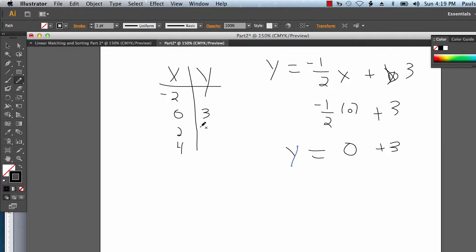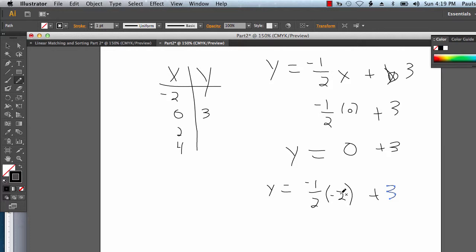So now if we plug in a value of negative 2 for x, then we will have y equals negative 1/2 times, we're replacing the x value now with this negative 2, and then plus 3.